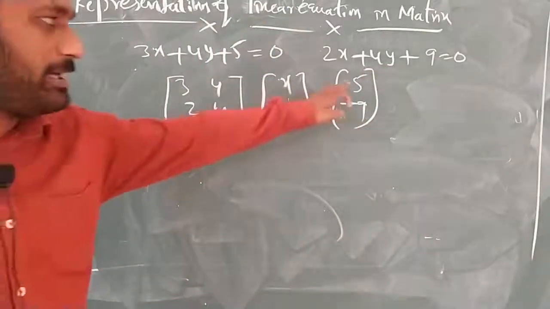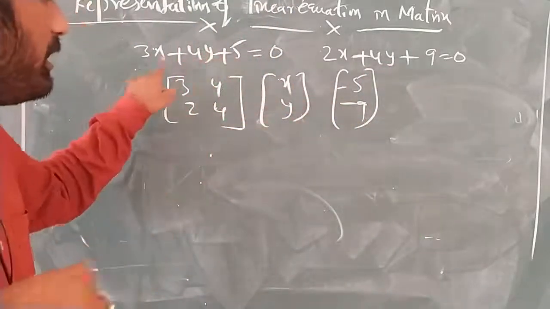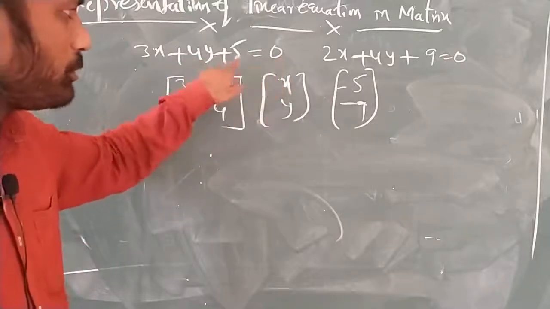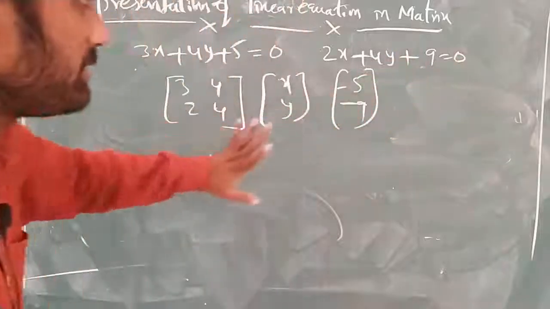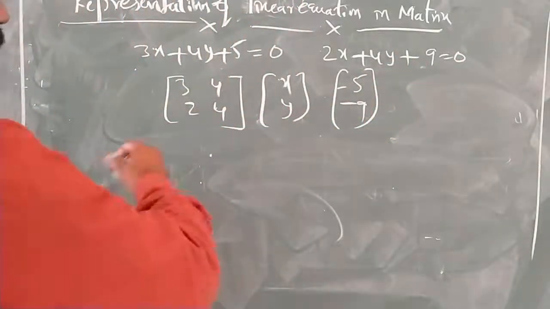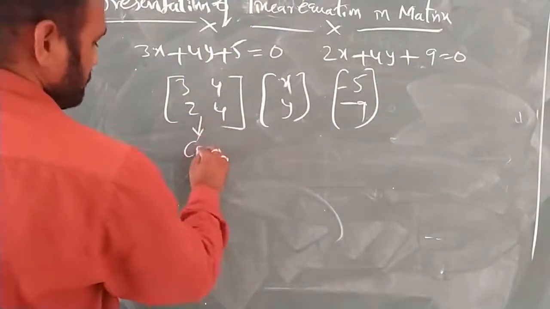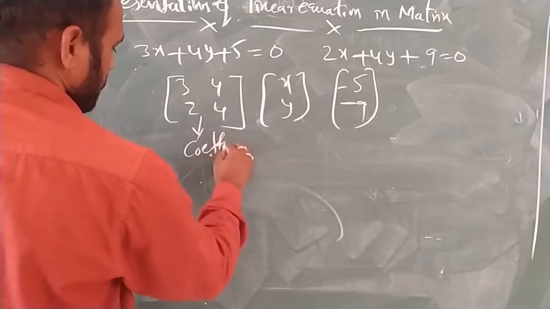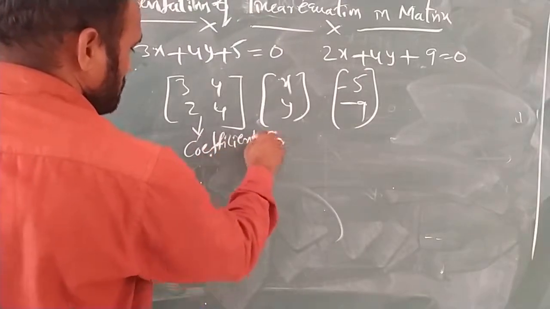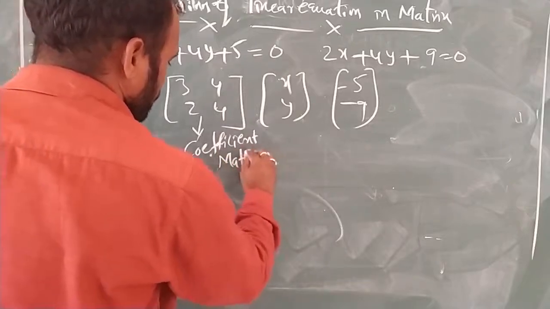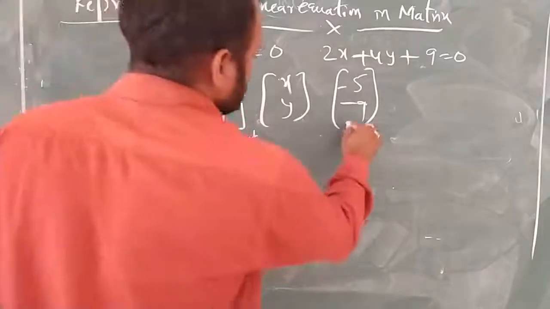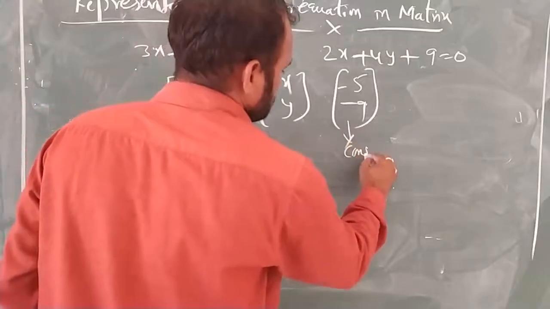Why do we write minus 5, minus 9 here? According to the standard linear equations, we have to transpose plus 5 to that side, and it becomes minus 5, or plus 9 to the other side, and it becomes minus 9. This is called the coefficient matrix. And this is the constant matrix.